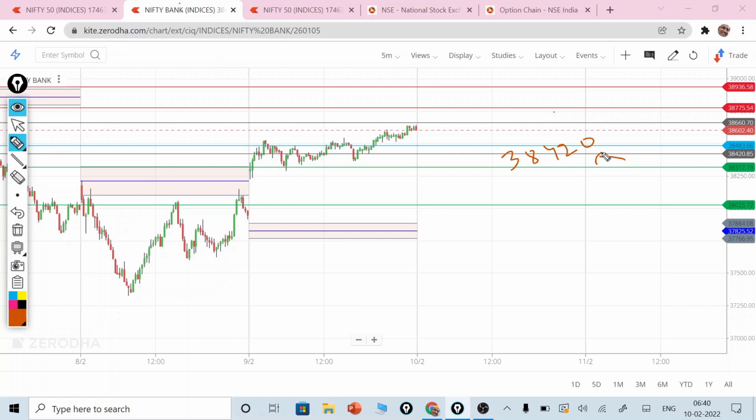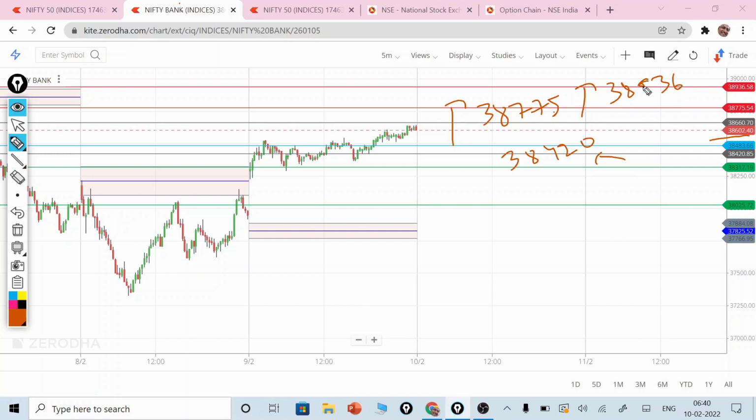Now there is a chance that Bank Nifty also may open higher. Bank Nifty yesterday closed at 38,602. If it opens higher, around 38,775, and sustains above, you can go long or buy it for a target of 38,936.